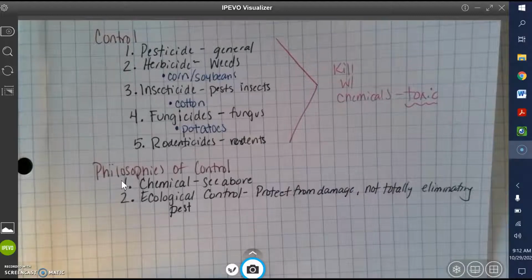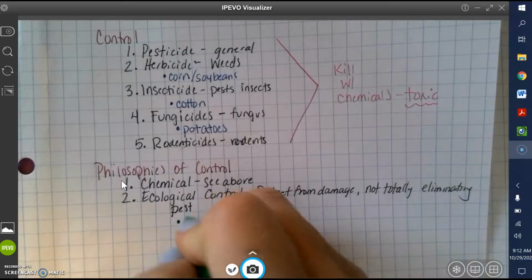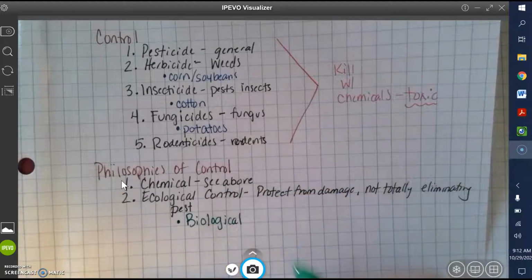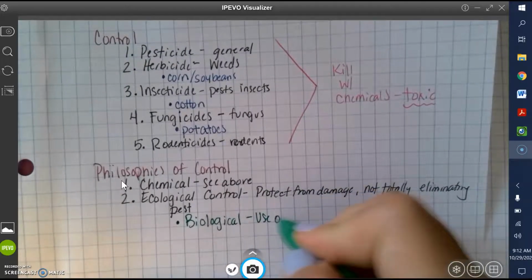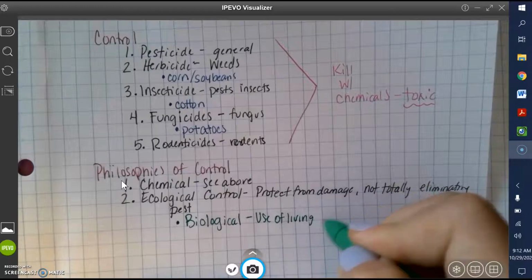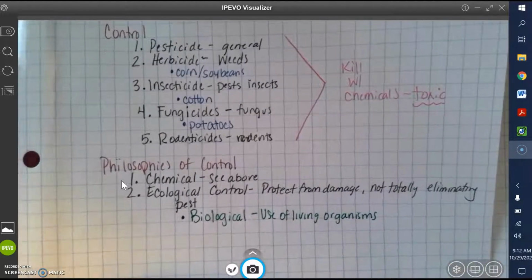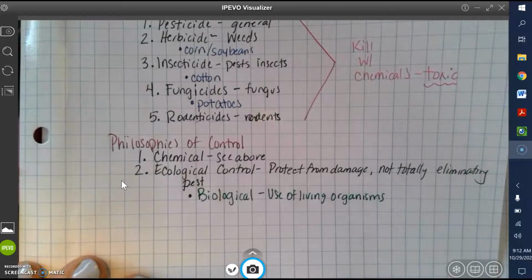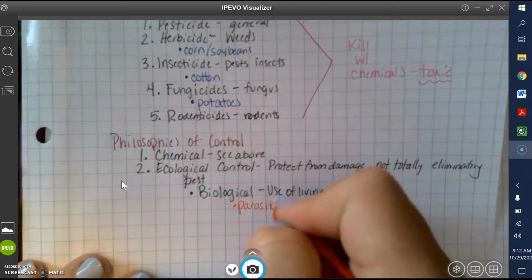And when we talk about ecological control, we can really then also talk about biological control. If we're talking about biological, we're talking about the use of living organisms to control other pests. We can use things like parasites that would eat our pests.